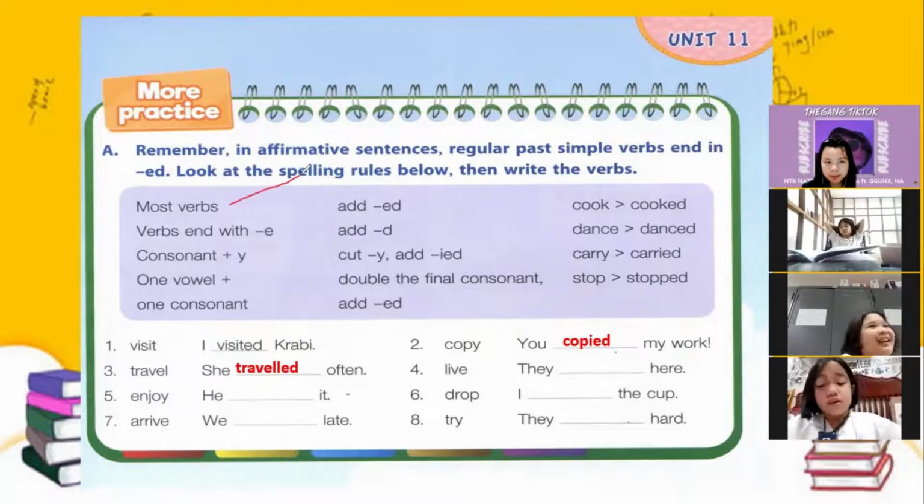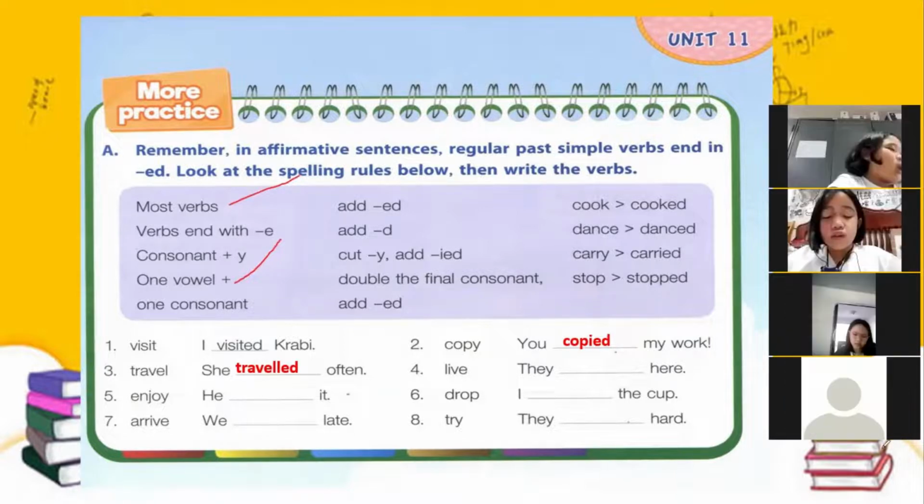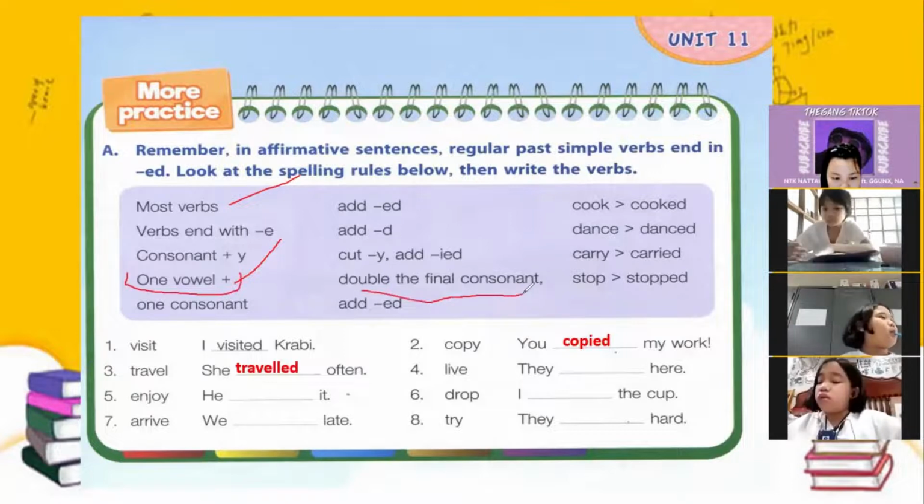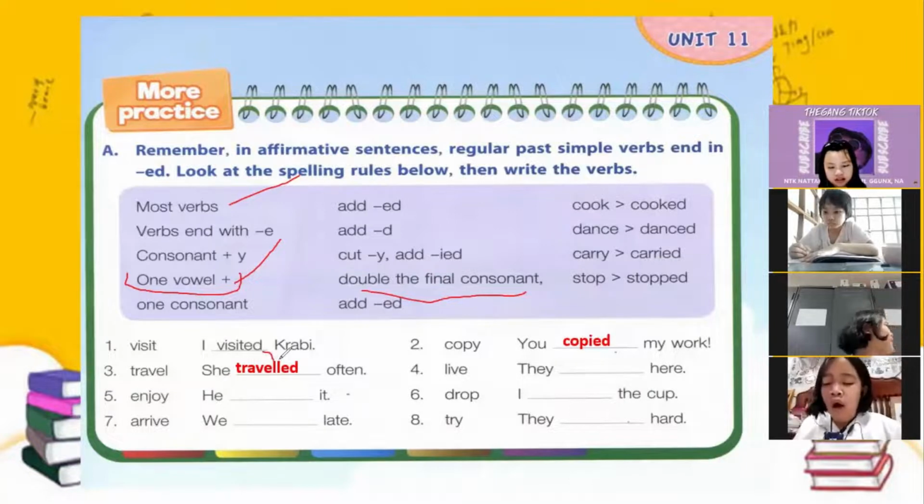Either the first one or the fourth one. Students, can you tell me which rule applied here? Here we apply the fourth rule: one vowel plus double the final consonant. So here you see the final consonant, we have L, so we just make it double, then ED, so traveled.